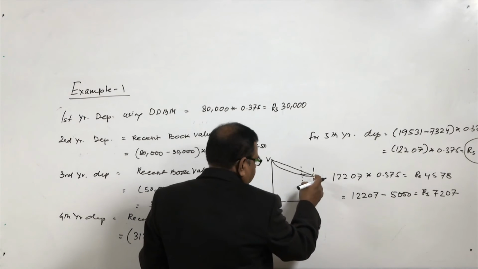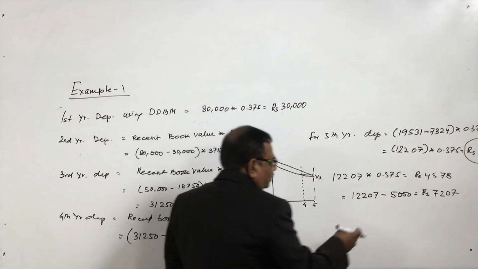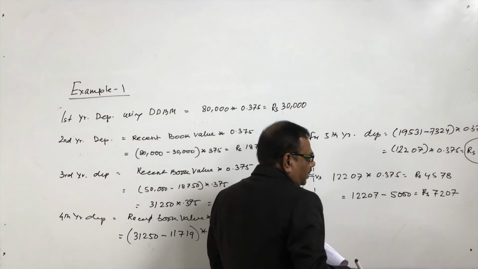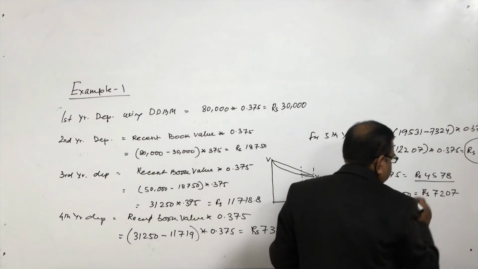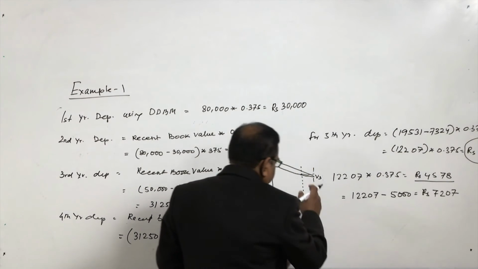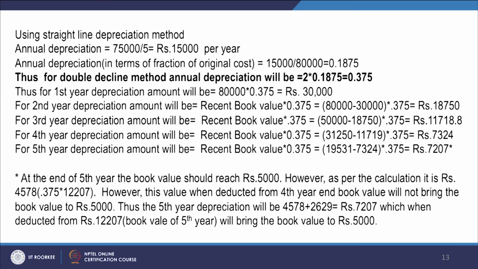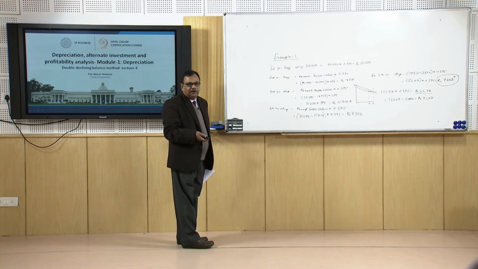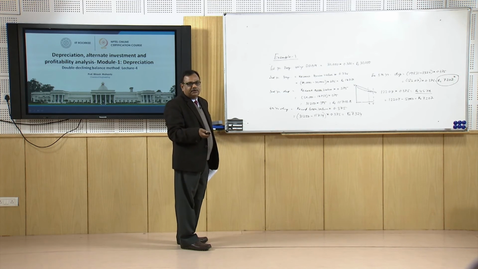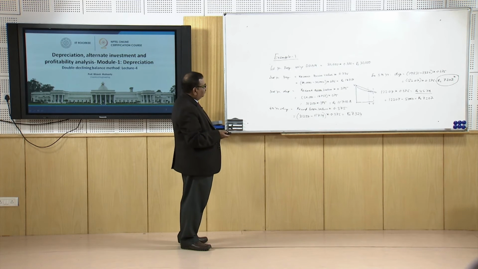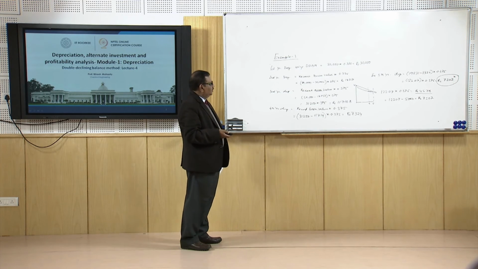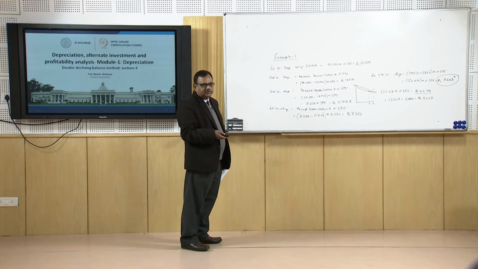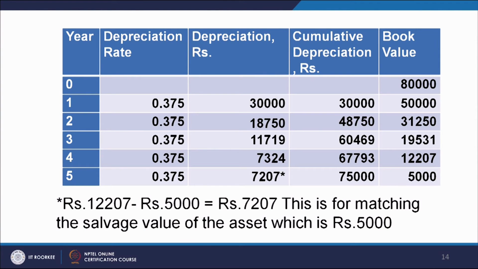So, for the 5th year I am deducting 7207 instead of 4578 to bring it to the Vs value. This table shows you the values computed, the depreciation computed for different years, which I had already shown you on the blackboard.